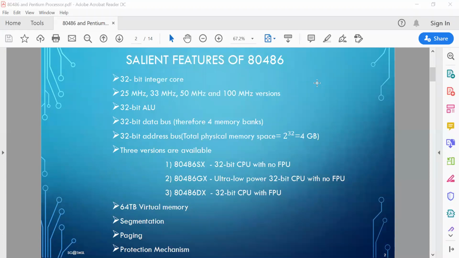Now, we have seen that in the 16-bit data bus case, in the 8086 or 80286 microprocessor, the data buses are 16-bit, so at a time 16 bits of data can be processed within one cycle. Here, 32-bit data buses are there.